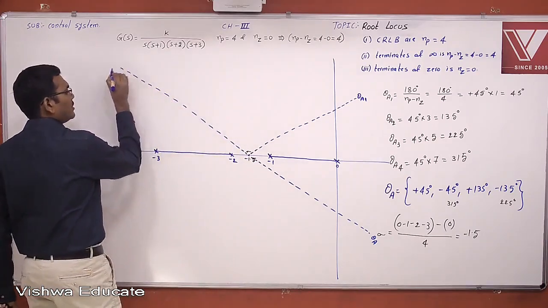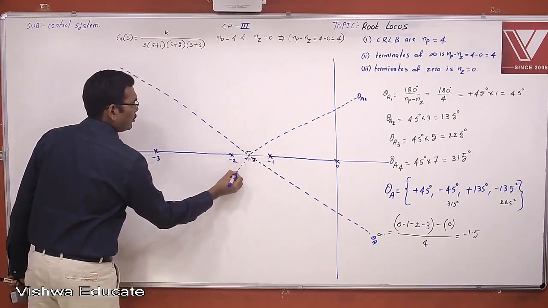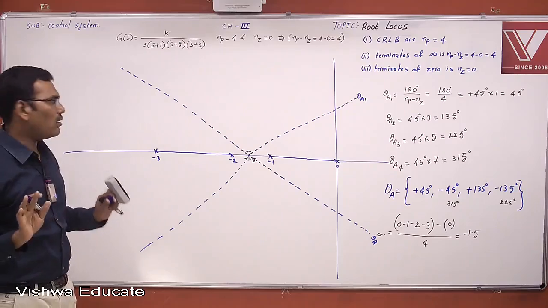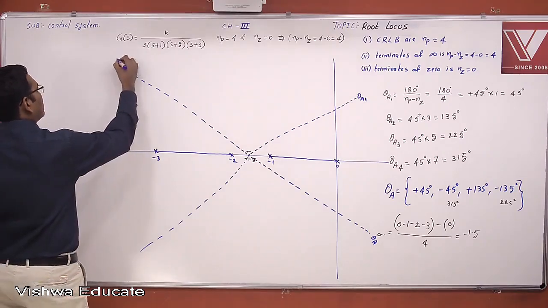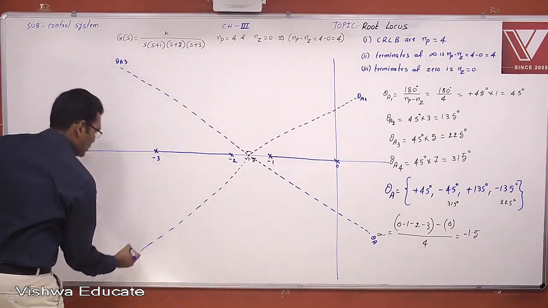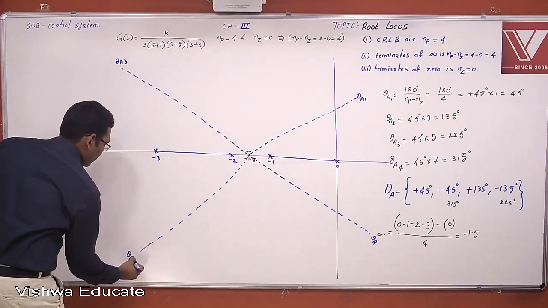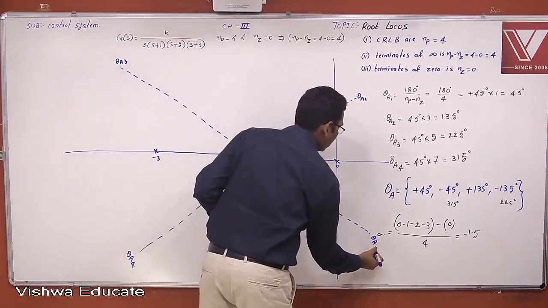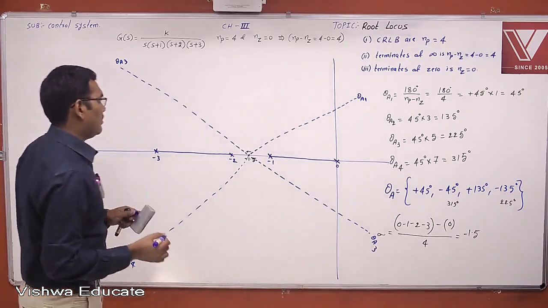If one angle is 135, another angle should be -135, because the angles of asymptotes are always symmetrical. This is one angle, this is another angle. Always symmetrical.